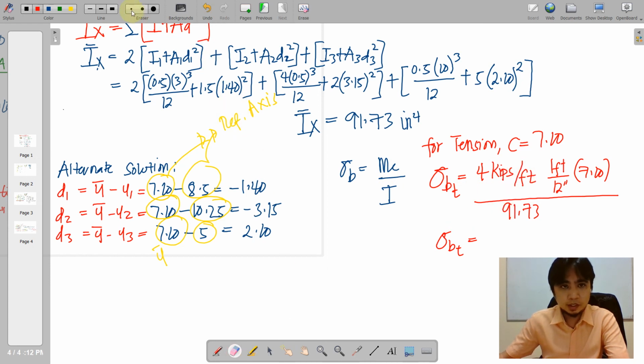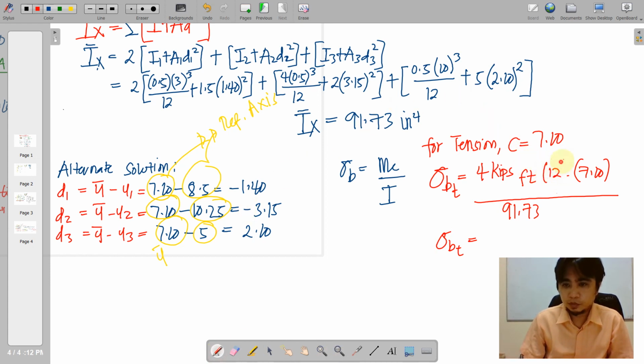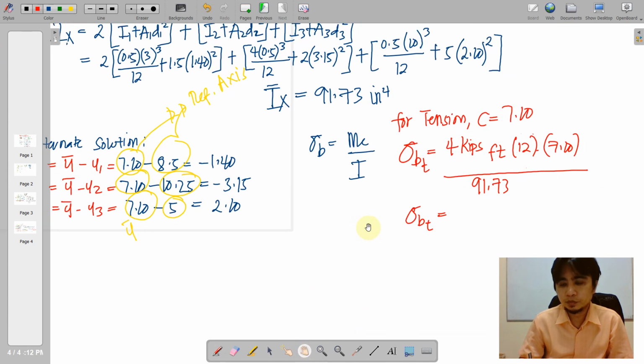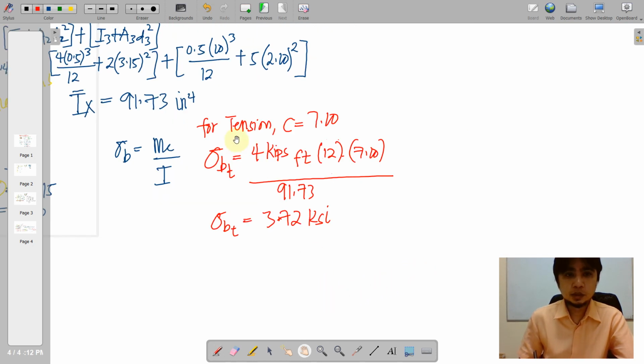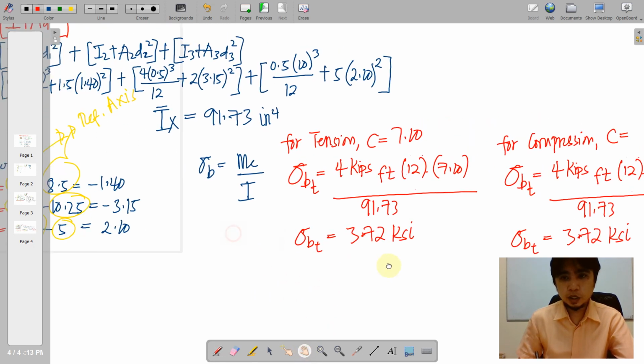You should express your moment in kips feet, so that your multiplier should be 12, because 1 foot is equal to 12 inches. So our answer here is in terms of inches. We yield 3.72 ksi.